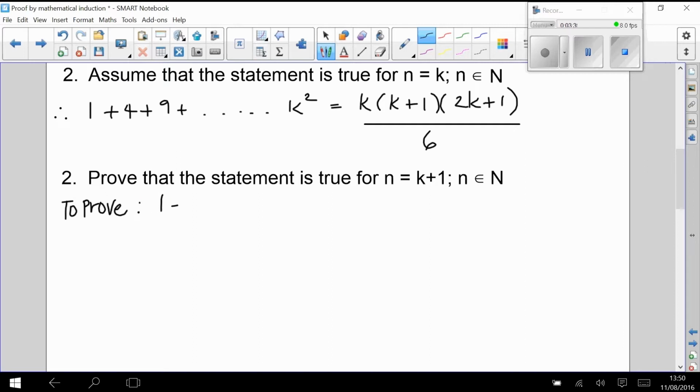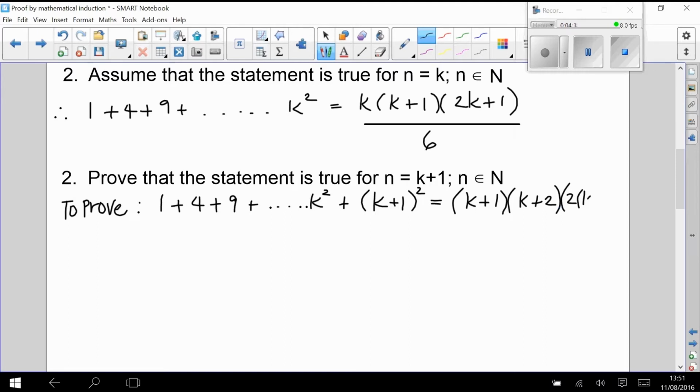In other words, I want to find that if I take 1 plus 4 plus 9 all the way up to k plus 1 squared, I want to prove that that could have been found if I took k plus 1, remember I'm replacing k with k plus 1. Then I've got in the first bracket k, which is now k plus 1, plus 1. So that's going to be k plus 2. And then in my next bracket, I've got 2 times k plus 1 and plus 1. And all of that must be divided by 6.